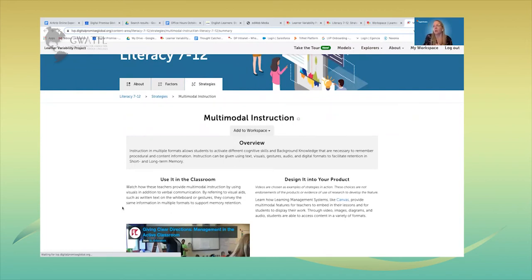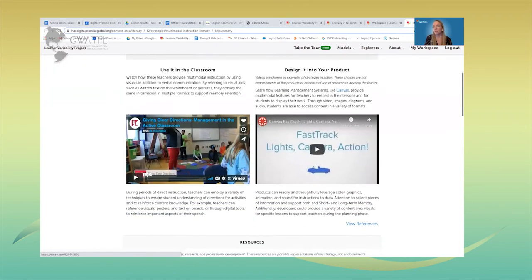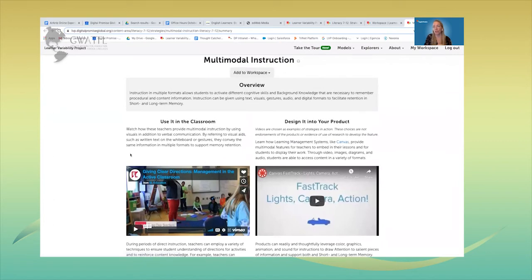So what does multimodal instruction mean? It's really using a variety of ways to engage students, so auditory, visual, kinesthetic, all of those things, but multiple formats really help students experience things and have the kind of experiences needed to commit things to long-term memory. So this is an important aspect of world language instruction.